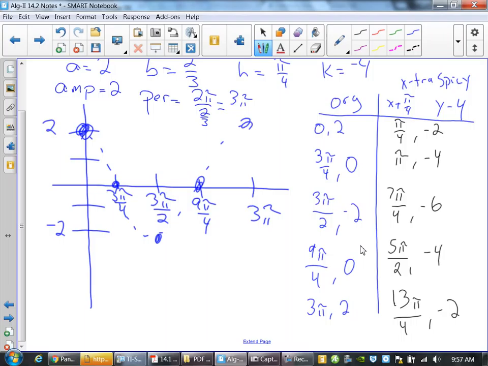You can, that's fine, but if I ask you to list out the ordered pairs, make sure you simplify them, which I've been known to do. So we'll call this a quarter, and we'll call that negative 2. Pi is after 3 pi over 4, so we'll call that pi, and that is negative 4. 7 pi over 4 is after 3 pi over 4, or over 2.